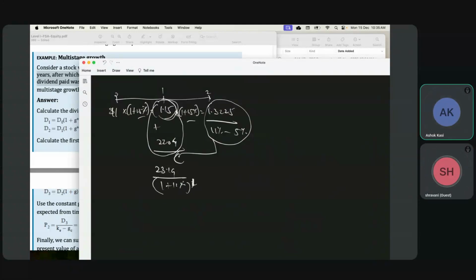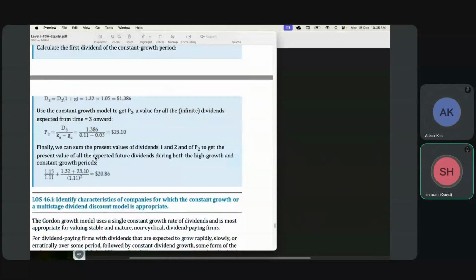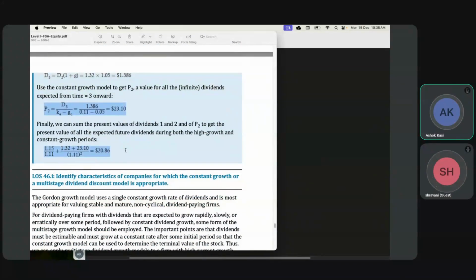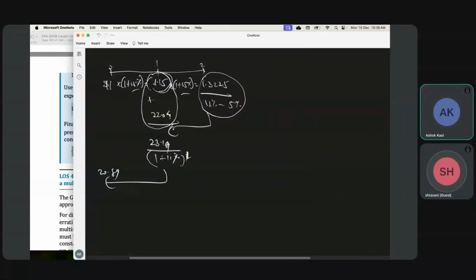This gives $20.86. That is fine, a decimal thing. Okay. Are you able to understand all this? Yes, sir.